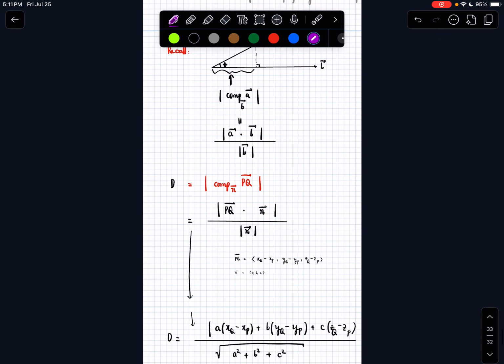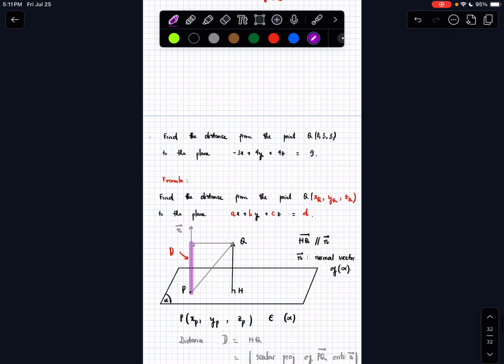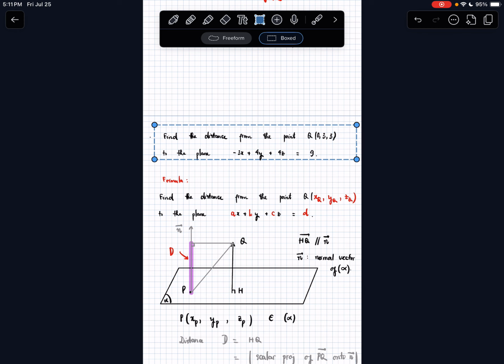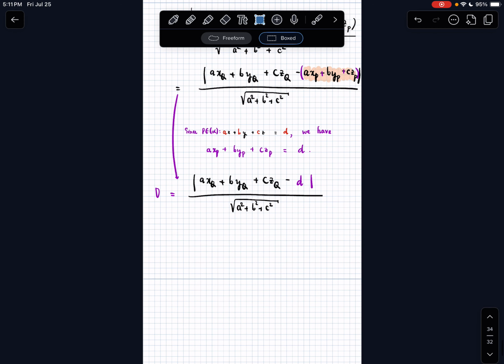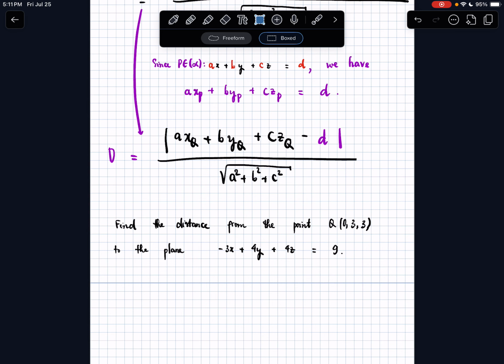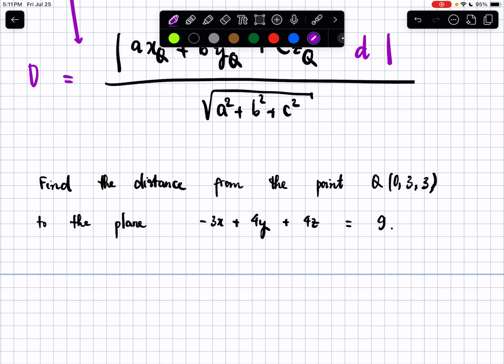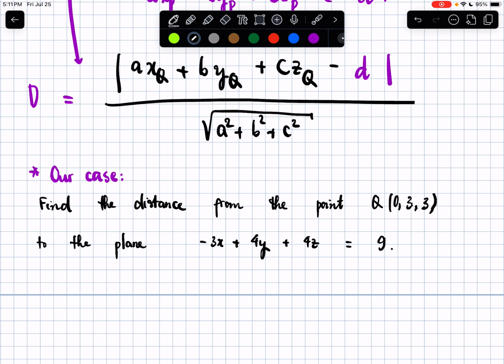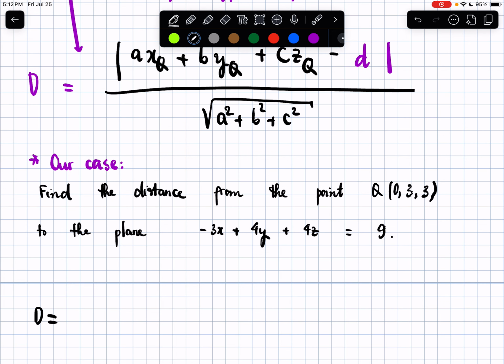Now, for our data, for this particular Q and the plane alpha, we will plug into the formula. In our case, the distance D has a equal to minus 3, b equal to 4, c equal to 4, and d equal to 9.